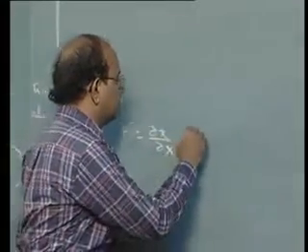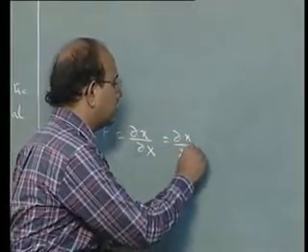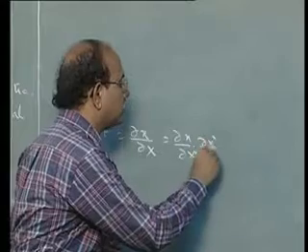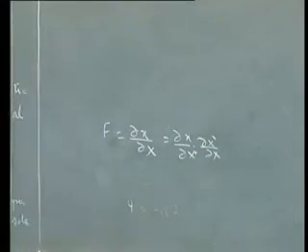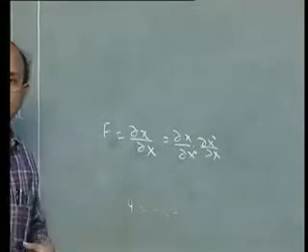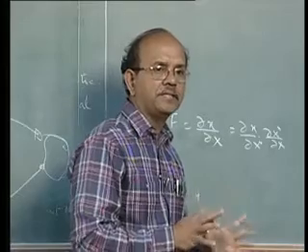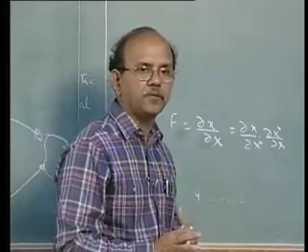So that is equal to say dou x by dou X star times dou X star by dou X. And noting that the relationship between X star and X is quite straightforward.